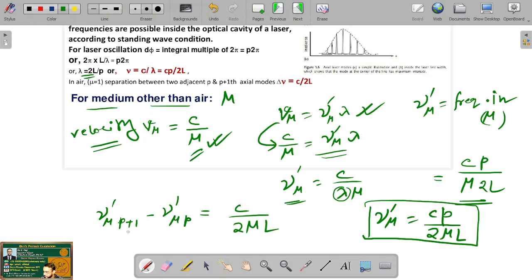So nu prime p plus 1, the p plus 1th frequency, minus the pth frequency, you will get c divided by 2 mu L. If you put the p value here and the p plus 1 value here, we will get the difference delta nu in case of a non-air medium as c divided by 2 mu L. So this is how we get the different modes in the axial or longitudinal mode, and also we get the difference between two consecutive frequencies.